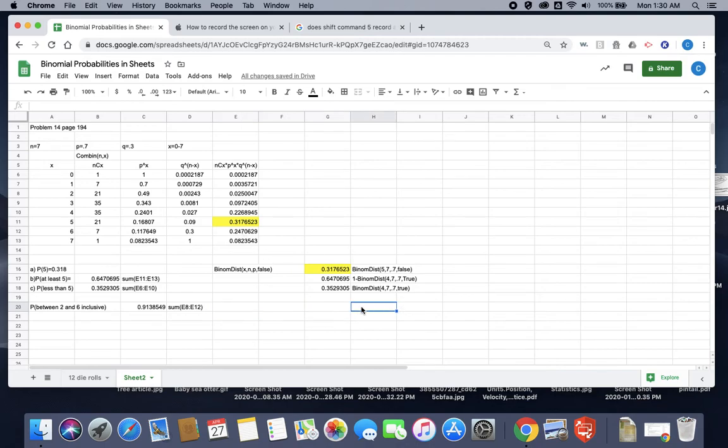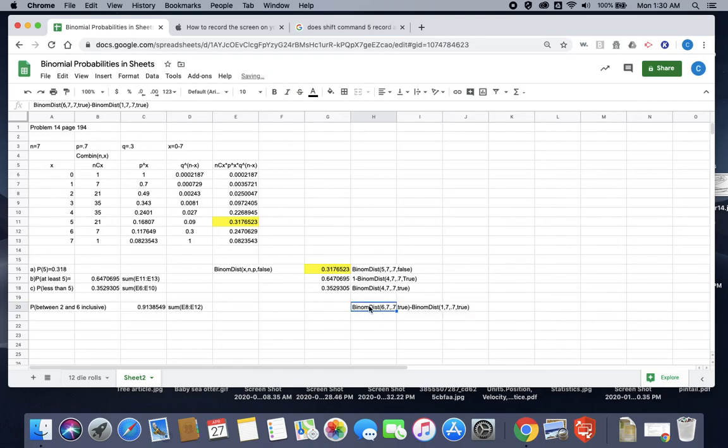So we can do a binomial distribution 6, 7, 0.7, true, because we want it to do a sum, minus a binomial distribution of 2 successes, incorrect, 1 success, we want the 2 to be included, 7 trials, 0.7 for your P, probability of success, true.